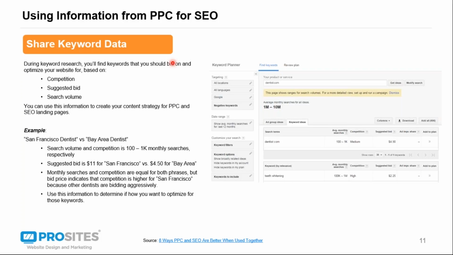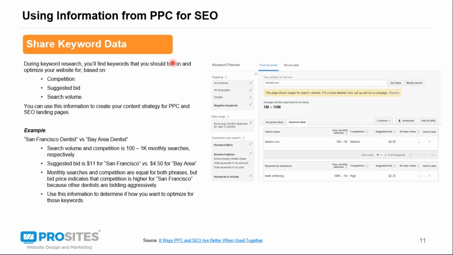For example, let's say we're looking at San Francisco dentist versus Bay Area dentist. When we're doing keyword research to figure out what's happening with those keywords, we'll look at search volume and competition, which Google is telling us is somewhere between 100 and 1,000 monthly searches for both keywords.